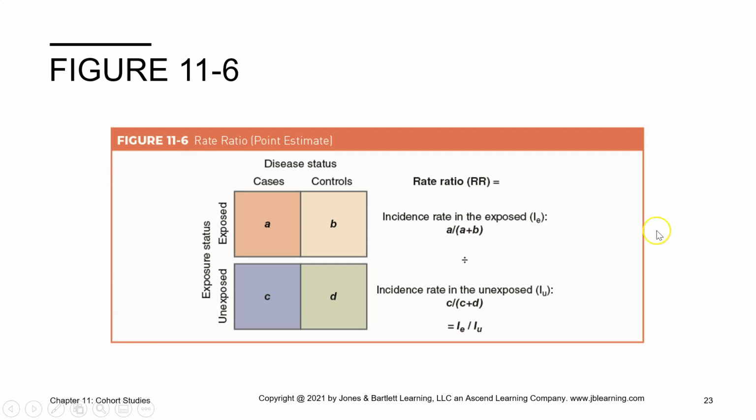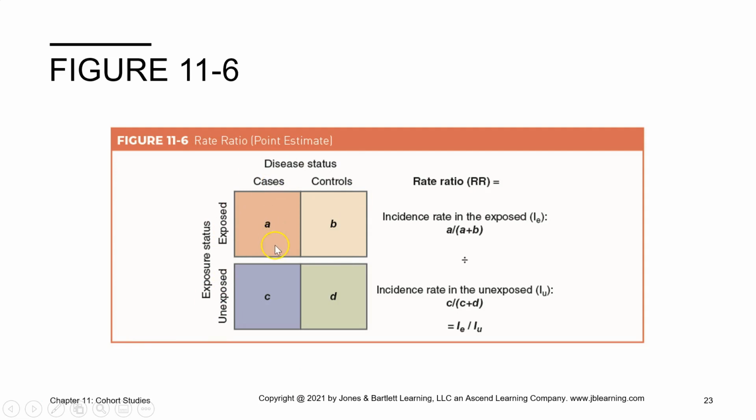So here you can see, if this is our disease status on top, we have cases and controls. And so cases are those with the disease, controls are those without. Exposure status, we have unexposed and exposed here.